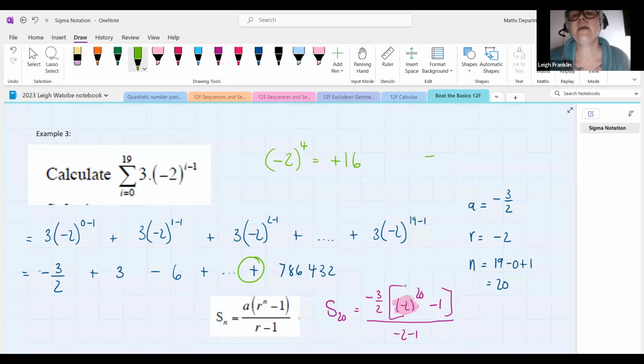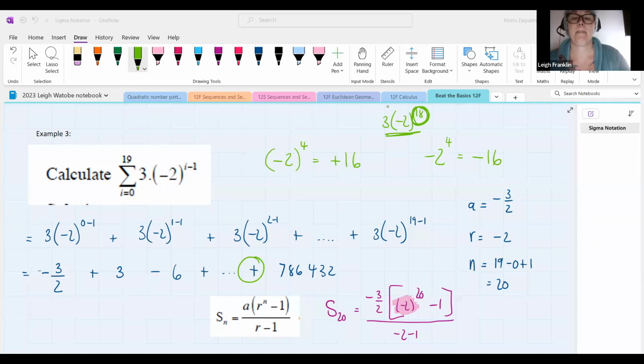If you write -2 to the power of 4 without brackets, you're going to end up with a negative outcome. So if you have +3 times (-2) to the power of 18, because this number is even, this value has to be positive.